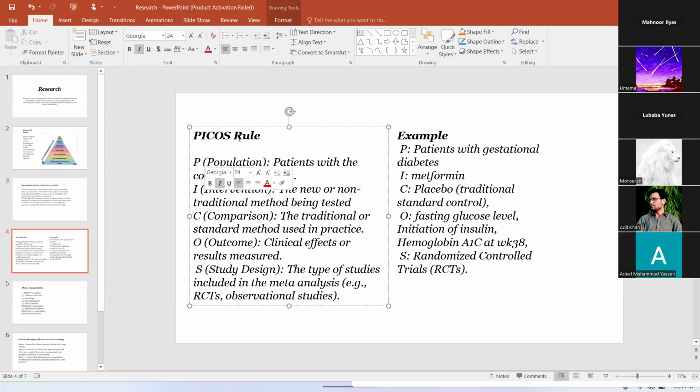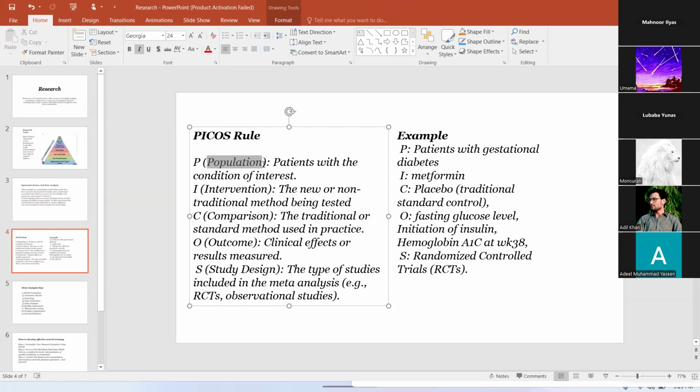Let's say I'm performing a meta on a drug. There is a drug in the meta, there would be some sort of patient population, along with that we would be having a control group. I'll be explaining what the control group is, and then we'll be having some outcomes from those drugs, and then the study designs.